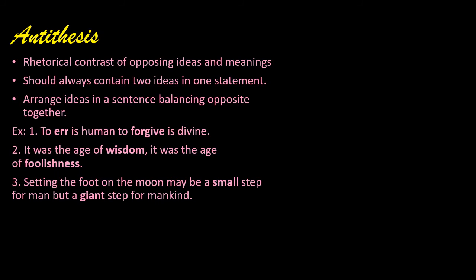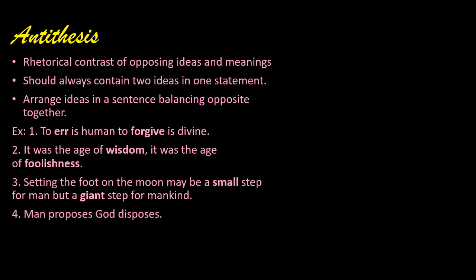Next example, setting the foot on the moon may be a small step for man, but a giant step for mankind. That is, to step a foot on the moon is a small step, just one step we need to keep. But to reach the moon, it's a giant step or a bigger step. That is why it is a big step for mankind.